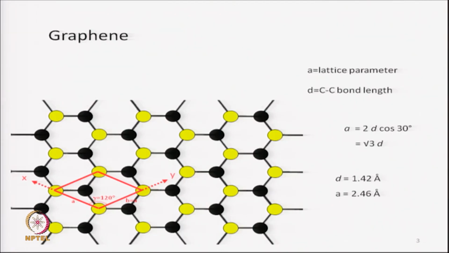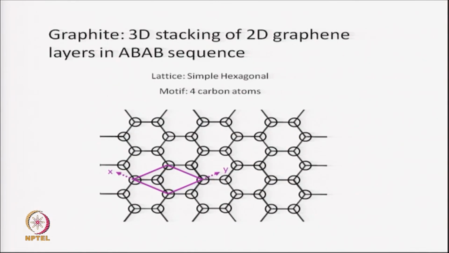Now, graphite is nothing but stacking of these graphene layers one above the other. Parallel graphene layers, if they are stacked together in 3 dimension one above the other, we have what is called graphite. So, let us look at the structure of graphite.